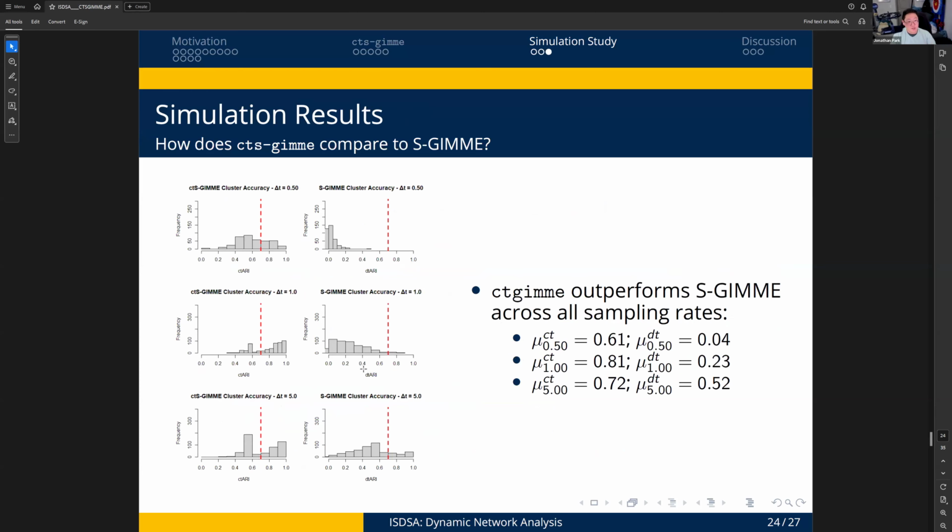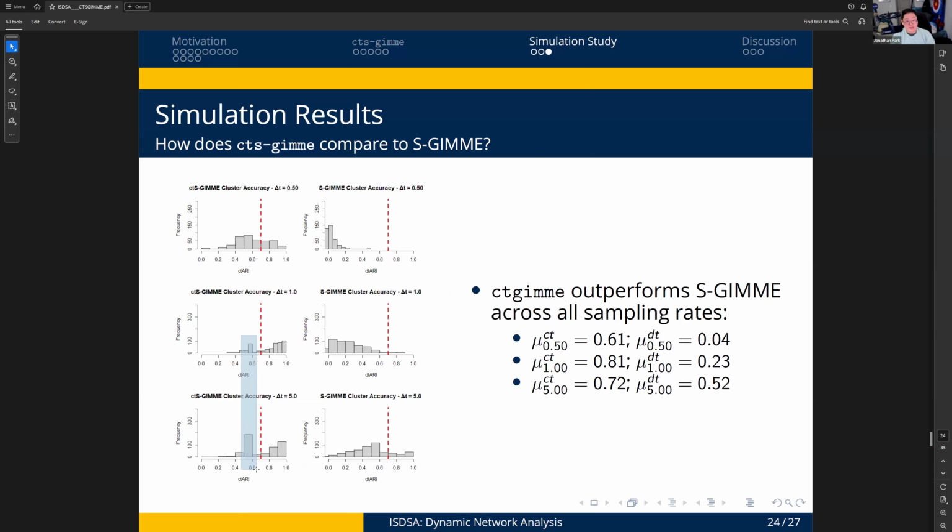In our results, basically, the left-hand column is the results of continuous time sgimme. The right-hand column is for the discrete time sgimme. And then the rows represent the sampling rates of every 12 hours, every day, and every 5 days. And one thing I'll note is that there's a spike that you'll see in the continuous time gimme results.